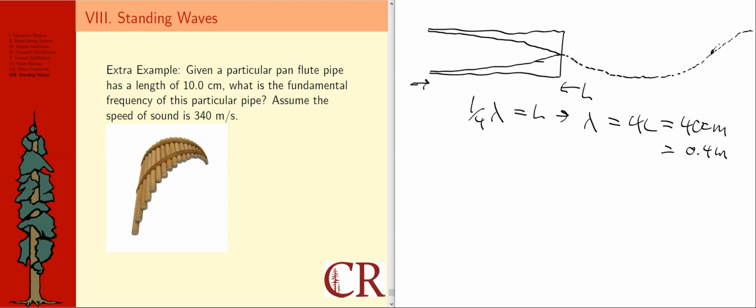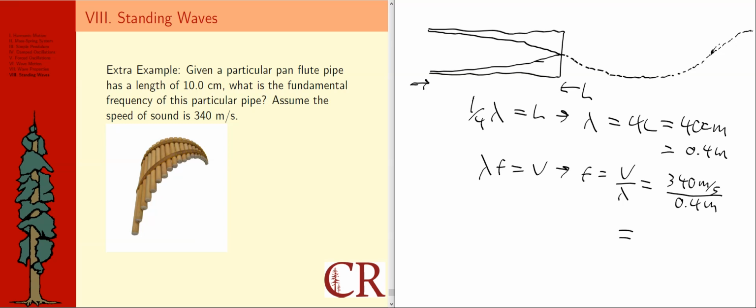And then since I'm asked for frequency and I'm given speed, it makes sense that I would write the formula lambda f is equal to v, and I'm going to divide both sides by lambda to say that f is equal to v over lambda. So that becomes 340 meters per second divided by 0.4 meters.